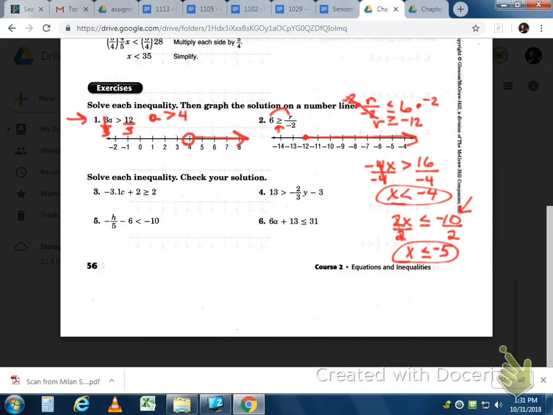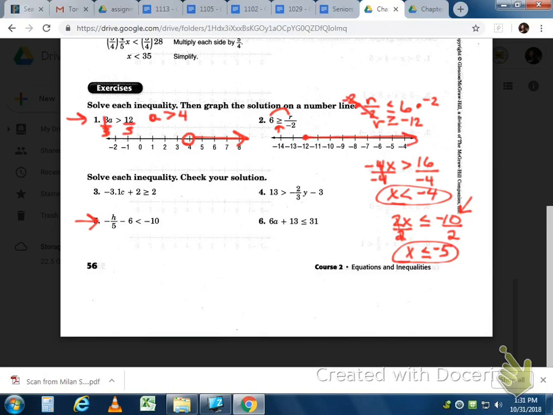Okay, we are going to look at, first of all, number 5. Negative h over 5 minus 6 is less than negative 10. So we did two-step equations like this. The variable's on the left.